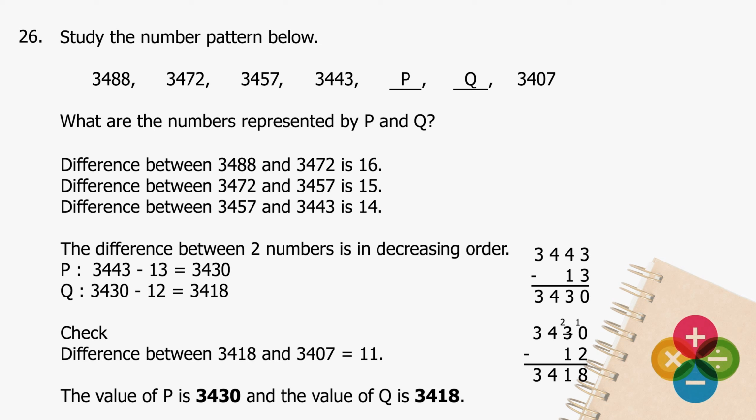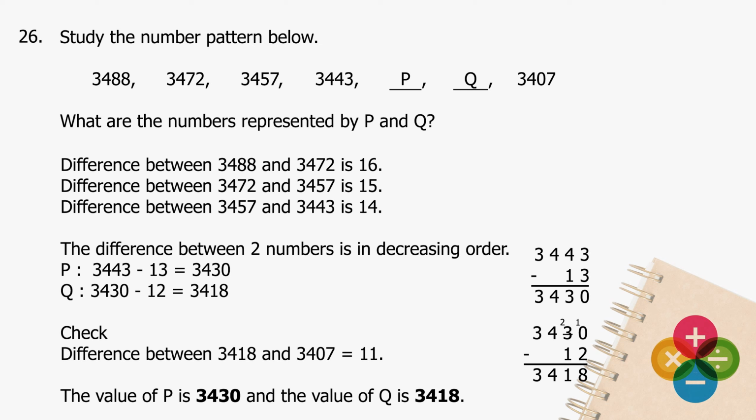The difference between 3,488 and 3,472 will be subtract 3,472 from 3,488, and the difference is 16. The difference between 3,472 and 3,457 is 15.